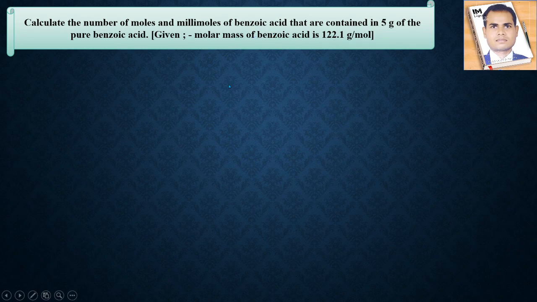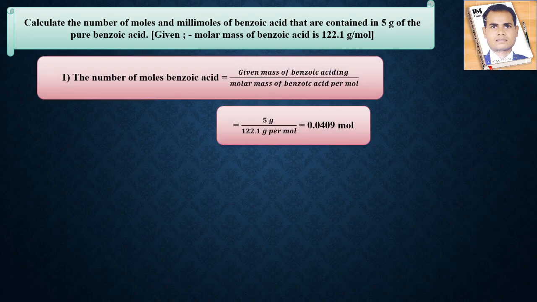Now see the solution. First of all, we have to calculate the number of moles of benzoic acid, and we know the mass of benzoic acid, okay? And the molar mass of benzoic acid is given for you, okay? So both values we have, right? The mass of the benzoic acid is given, that is 5, and the molar mass is also given.